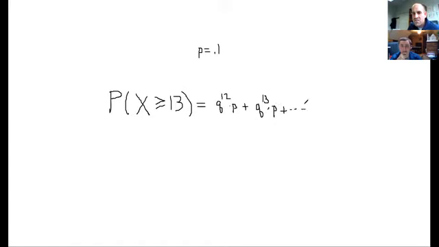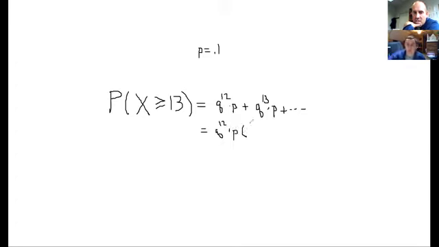Okay. It's going to go on forever. So this is equal to, look, I can factor out q to the 12th times p, right? And what's left behind if I do that?